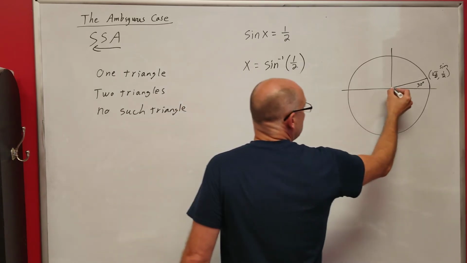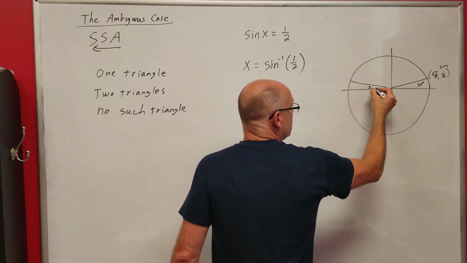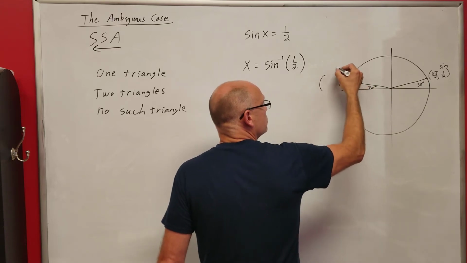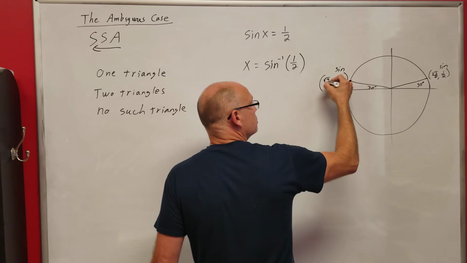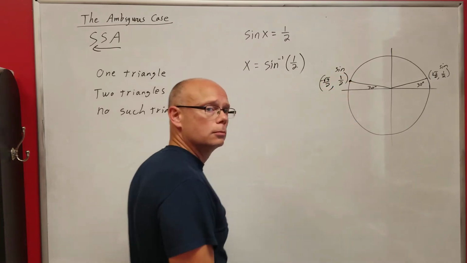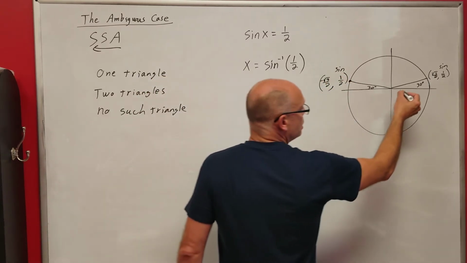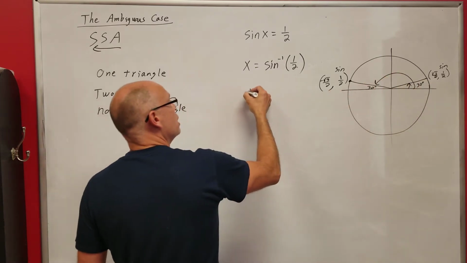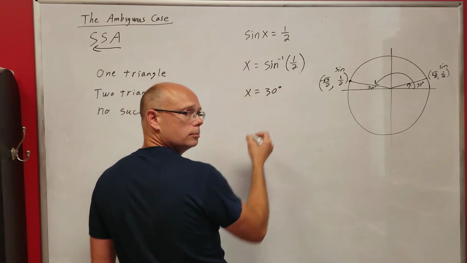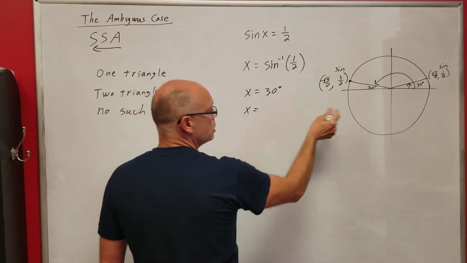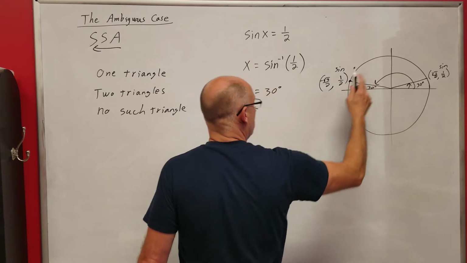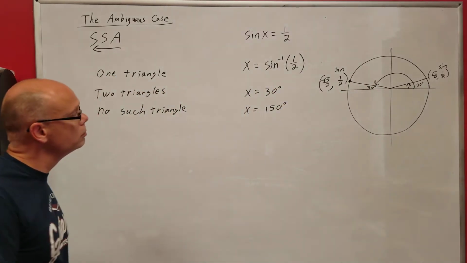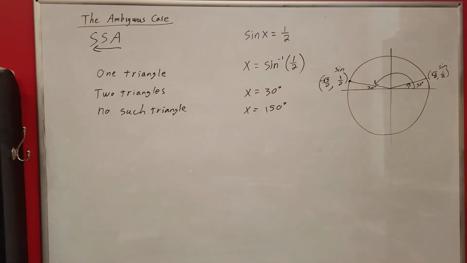But we also had that at a reference angle of 30 degrees right here. We also had a sine that was 1/2, didn't we? All right, so we had two such angles, right? 30 degrees and then this angle. So x was equal to 30 degrees here, and x was equal to 180 minus 30, or 150 degrees, right? Keep that in mind. And we're about to work a problem here.